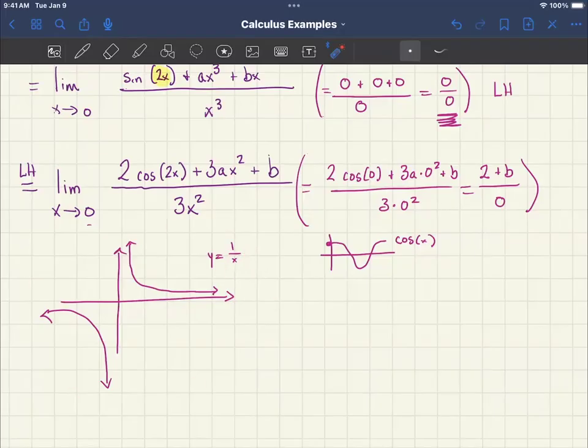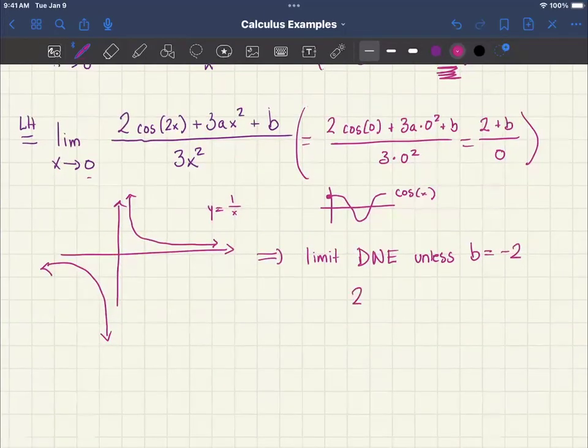And so our function, because of the way it looks, the limit does not exist unless there's one place where the limit is going to actually exist. And that is going to be when b is equal to negative 2. Now, why is that?